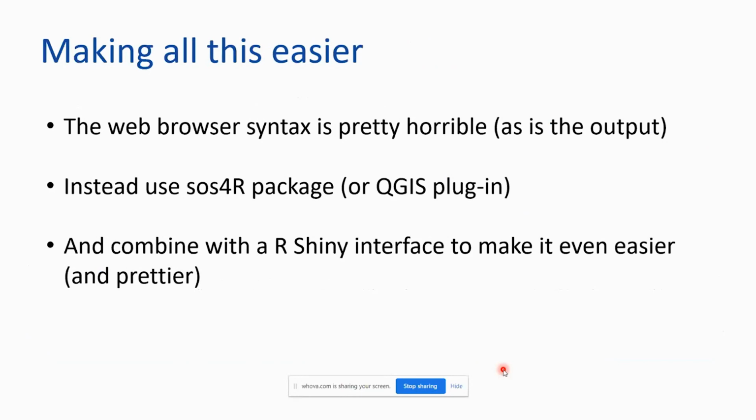So the idea here is to instead use the SOS for R package to make it easier to explore this data to see what's there, to pull the data out and have it sitting in R ready to use. Alternatively, you can use the QGIS plugin, but for an R user, the SOS for R package.